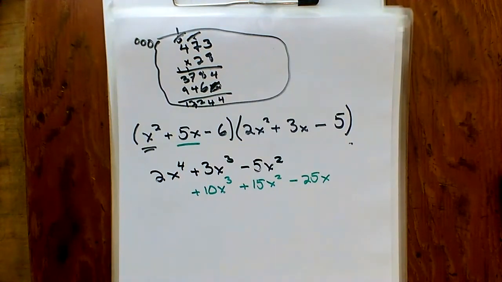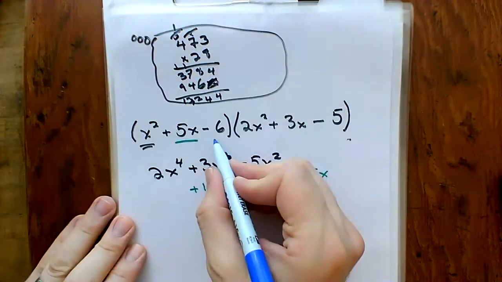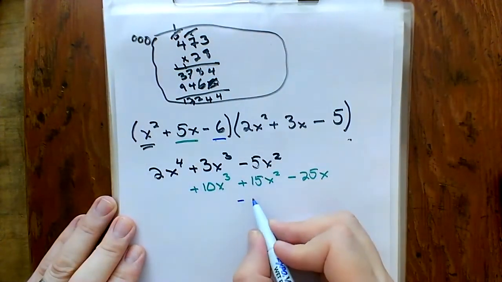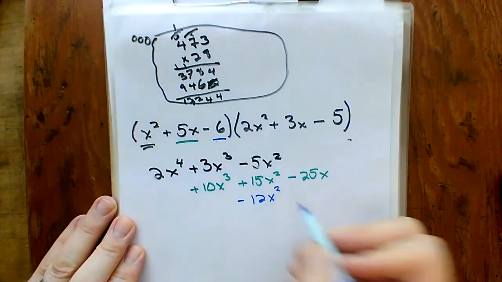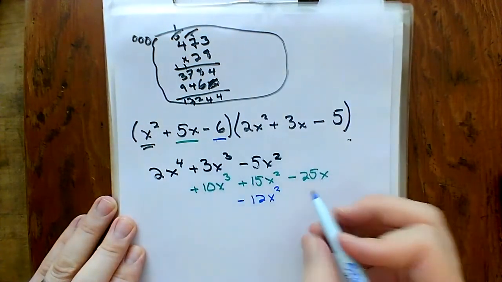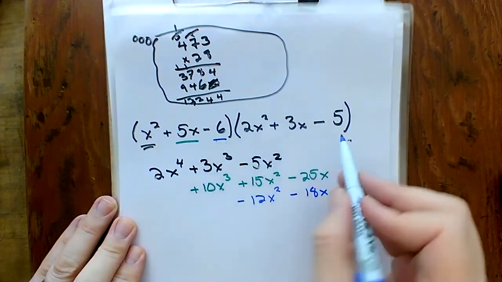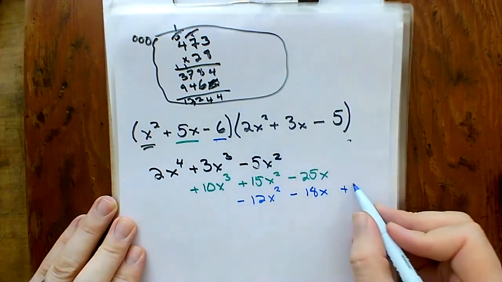Last but not least, we're going to multiply through by our minus 6. Minus 6 times 2x squared is going to be minus 12x squared. Minus 6 times 3x is going to be minus 18x. And then minus 6 times minus 5 is going to be plus 30.